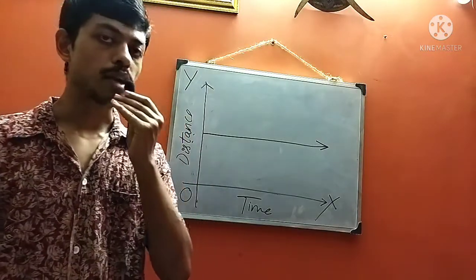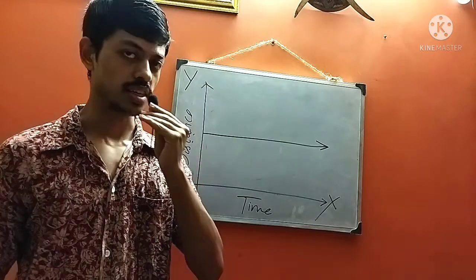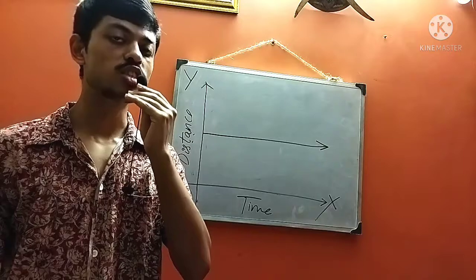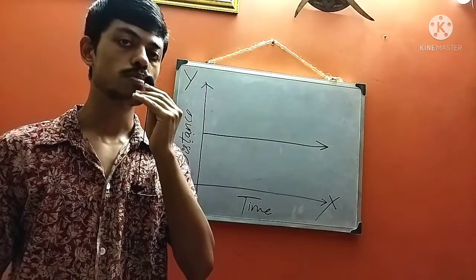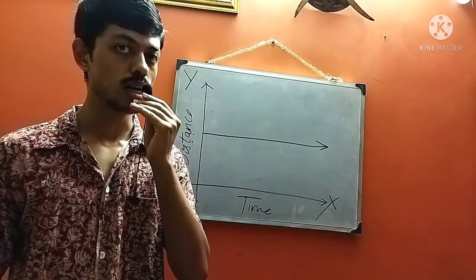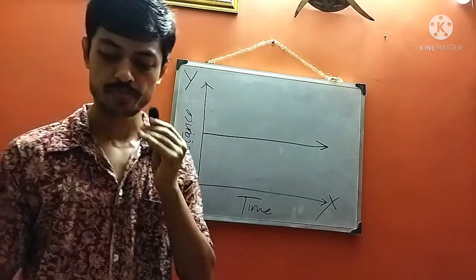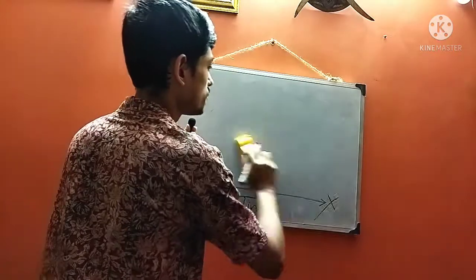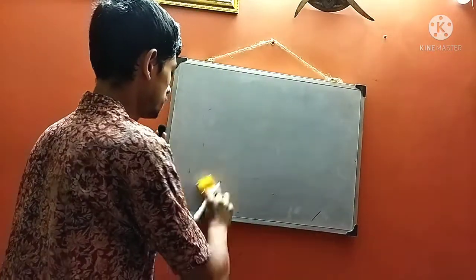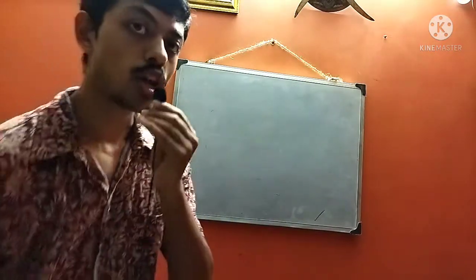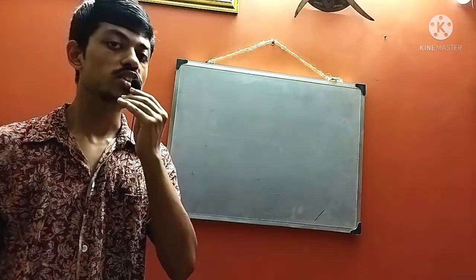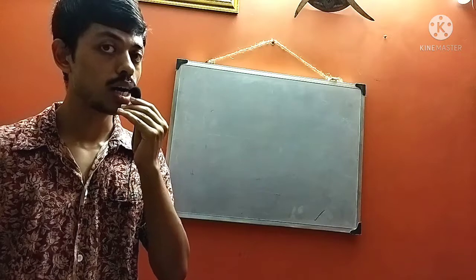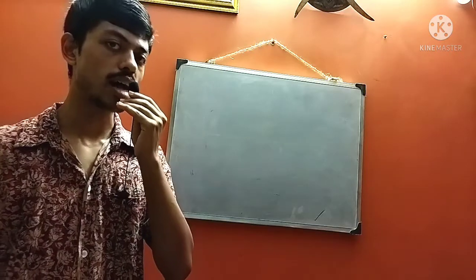From the distance time graph, we can conclude three things. What are those? The first is when the object is moving with uniform speed, it would show a straight line graph. Second, when the object is moving with changing or non-uniform speed, it would show a curved line graph.